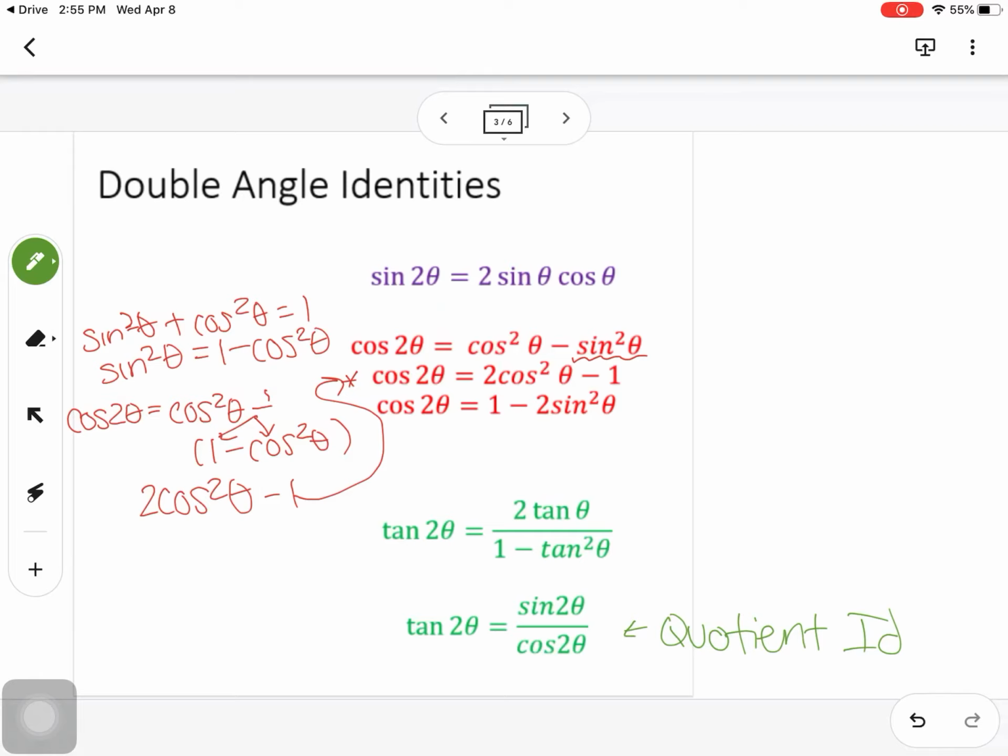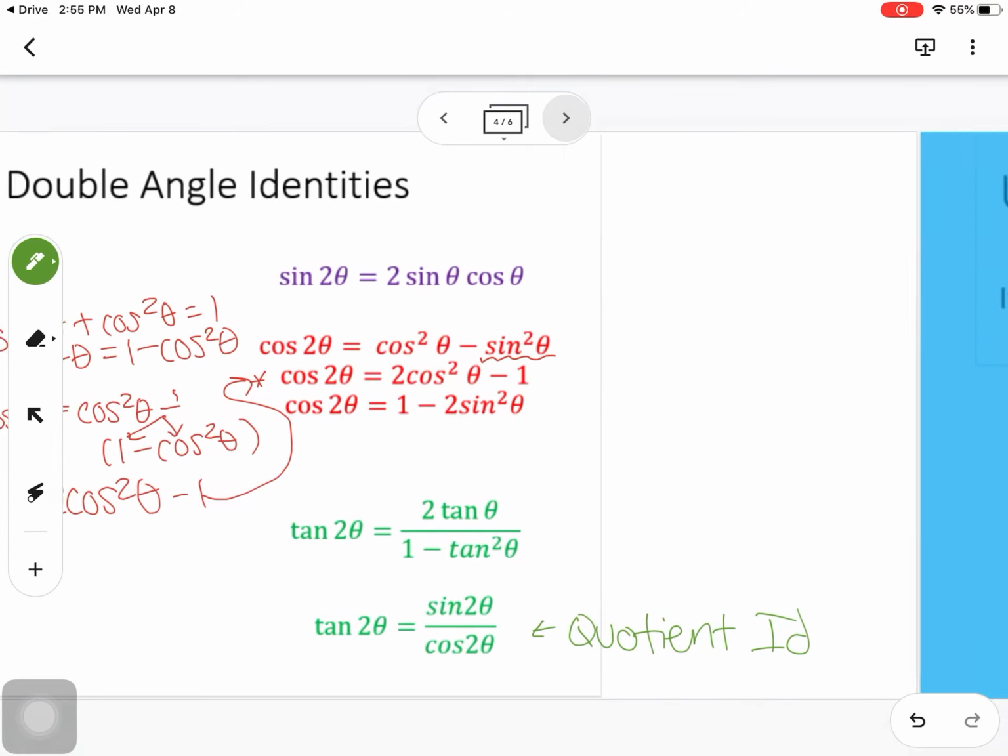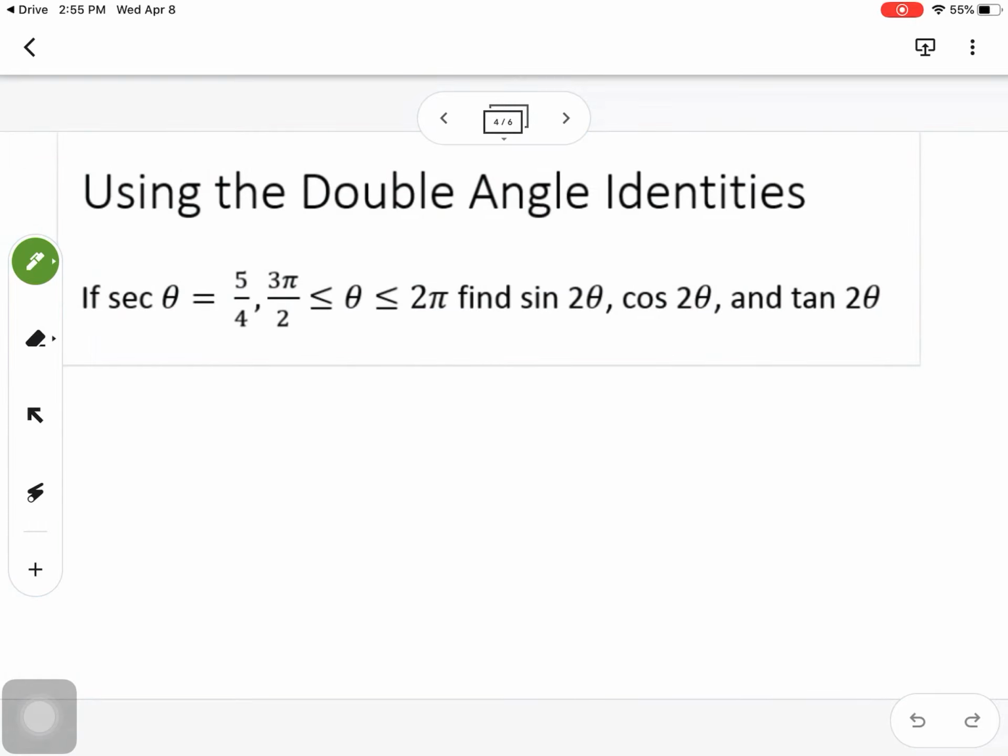It just now has to be sine of 2 theta over cosine of 2 theta. So again, like with sum and difference, this lets us find more angle values for exact values without a calculator. Here we are going to primarily focus on the type where I give you a ratio, and then you're going to be asked to find all of these different trig functions.